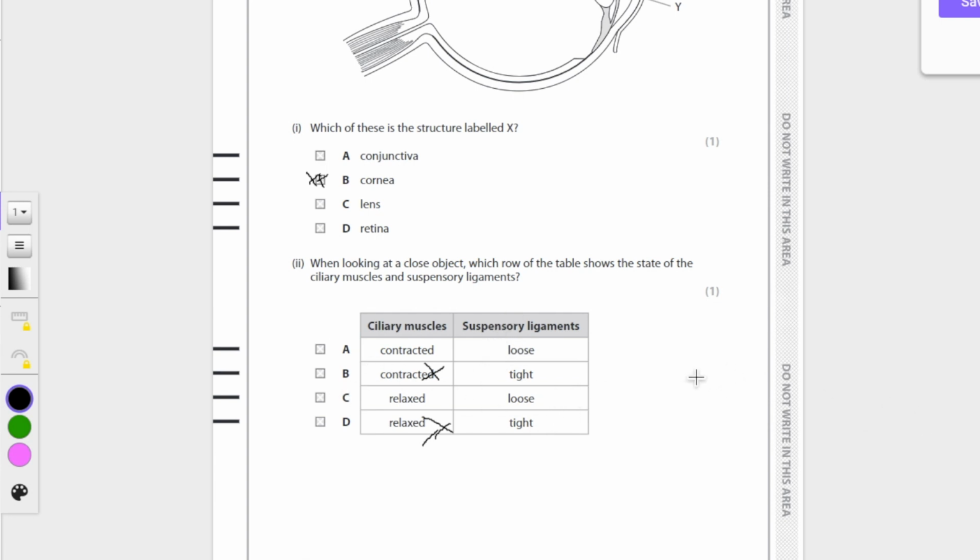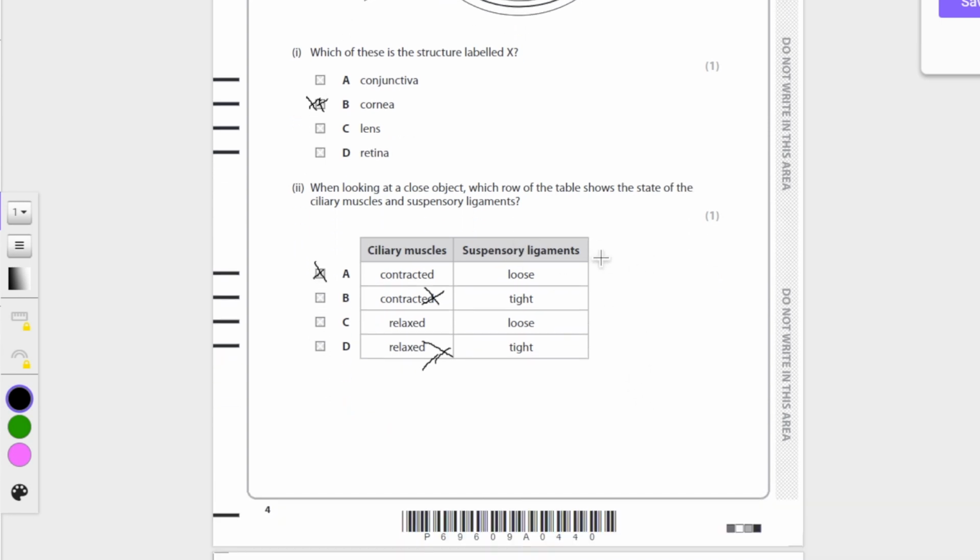You should know that ciliary muscles are contracted when we have an object that's close to us, and the suspensory ligaments loosen, they relax. So the answer should be A. The way I remember it is: close, ciliary contract.